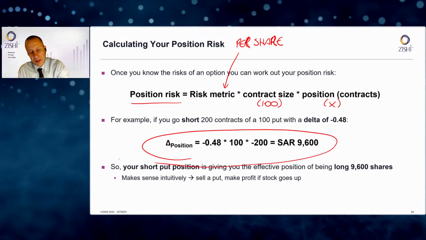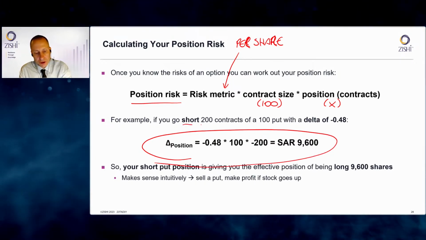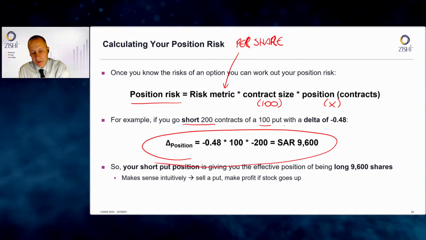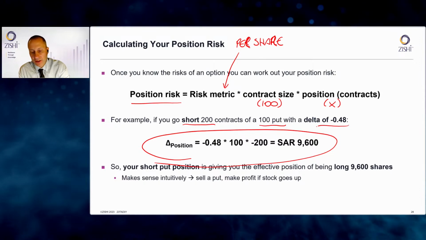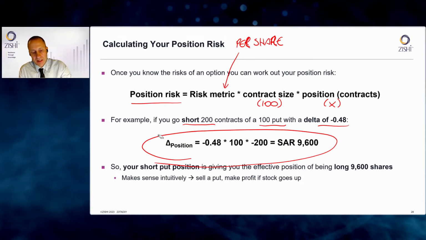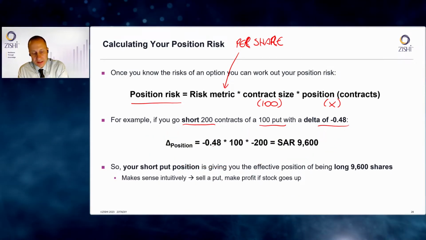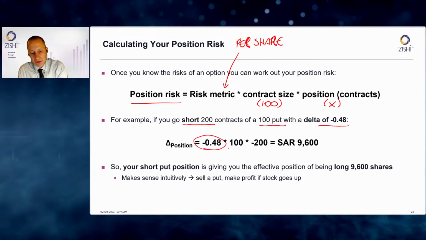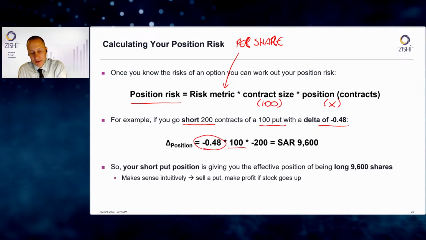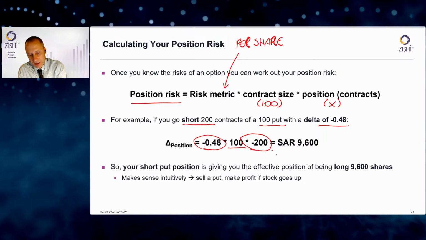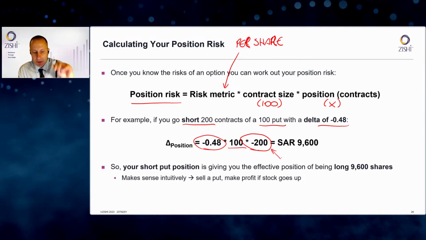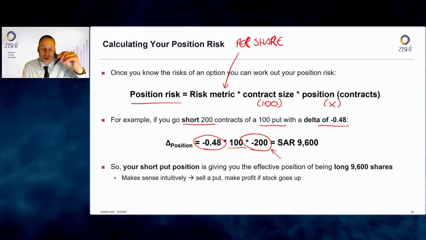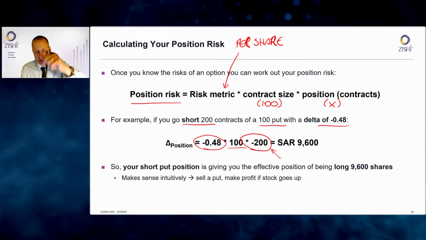So imagine another trade: we go short 200 contracts of a 100 put with a delta of negative 0.48. Our position delta is going to be the put's delta multiplied by the 100 contract size, multiplied, and we have to be careful here, by our negative position in it. So we've gone short these contracts rather than long.